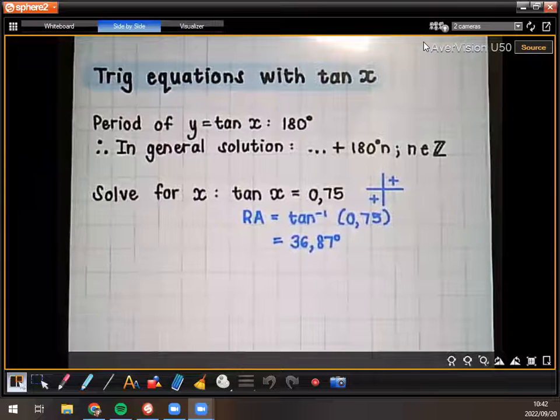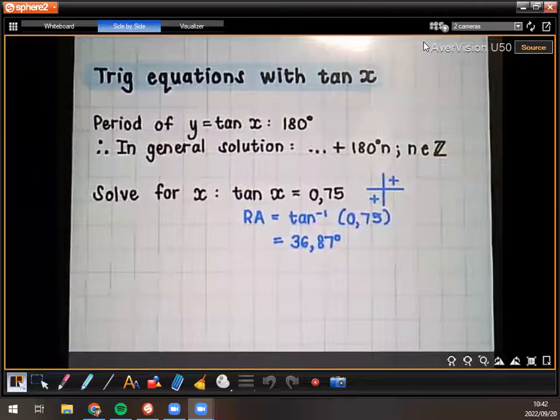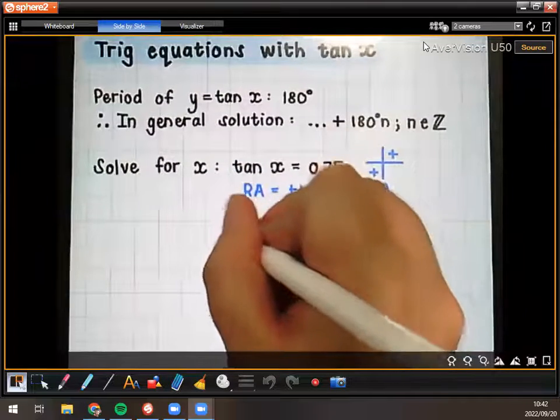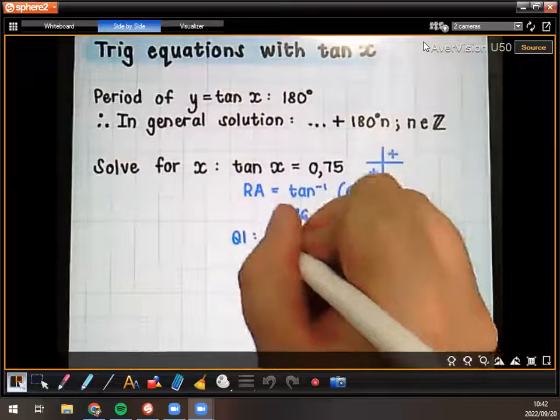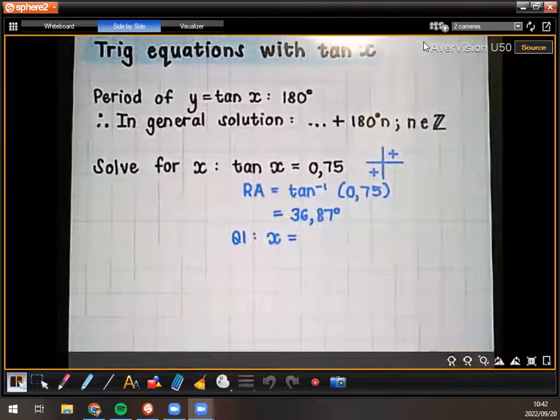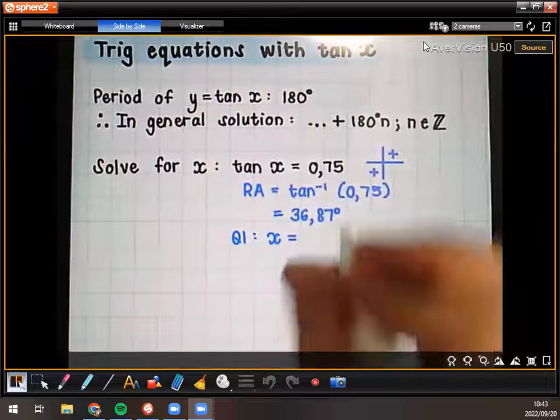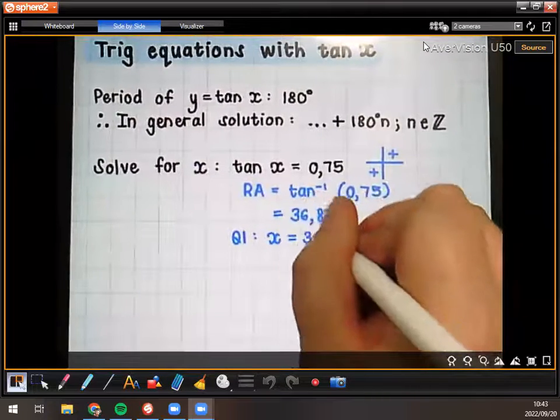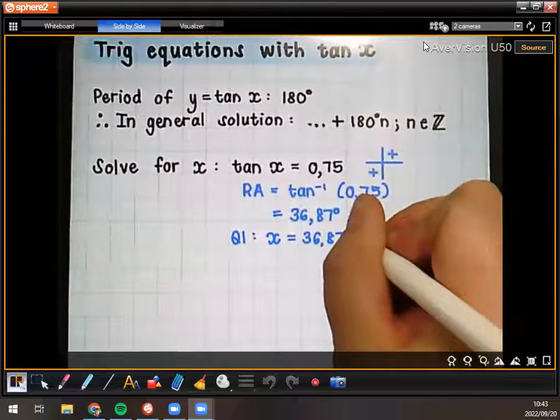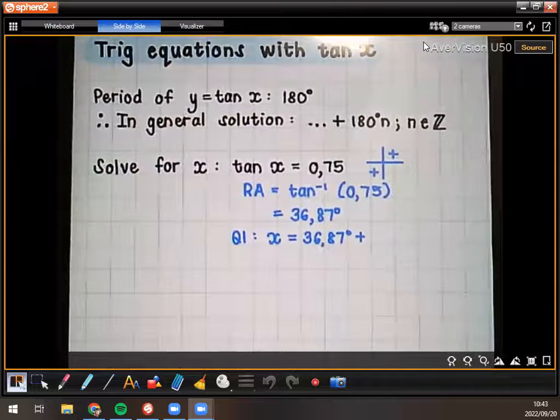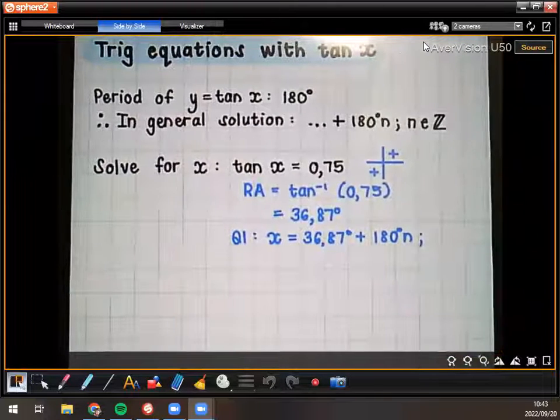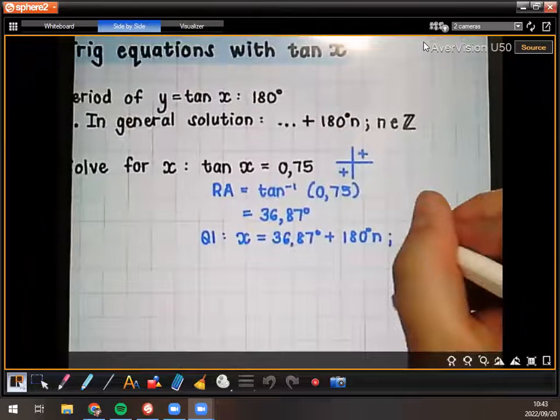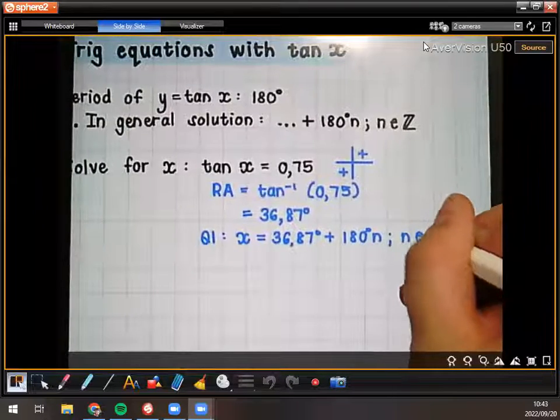And guys, for sine and cos, we would say quadrant 1 solution and quadrant 3 solution, and you would get those general solutions. So let's write the quadrant 1 solution. x is equal to, what do we use in the first quadrant again? The reference angle, so 36.87 degrees. But now because it's tan, I need to say plus 180 n. And since it's the first example for the day, let's add an element of Z.